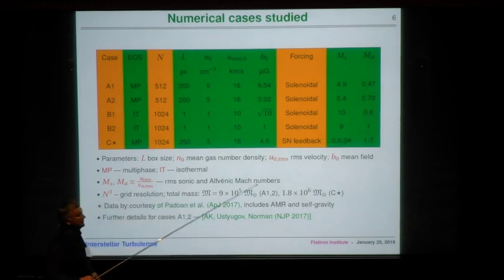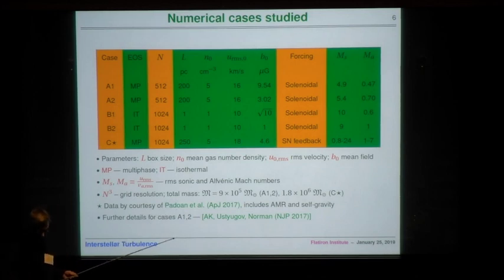And then we have, because people were discussing that maybe the reason for E to B is in the forcing, we wanted to have some diversity of forcing. So this model C star comes from, the data come from Paolo Padoan. He kindly shared the data.